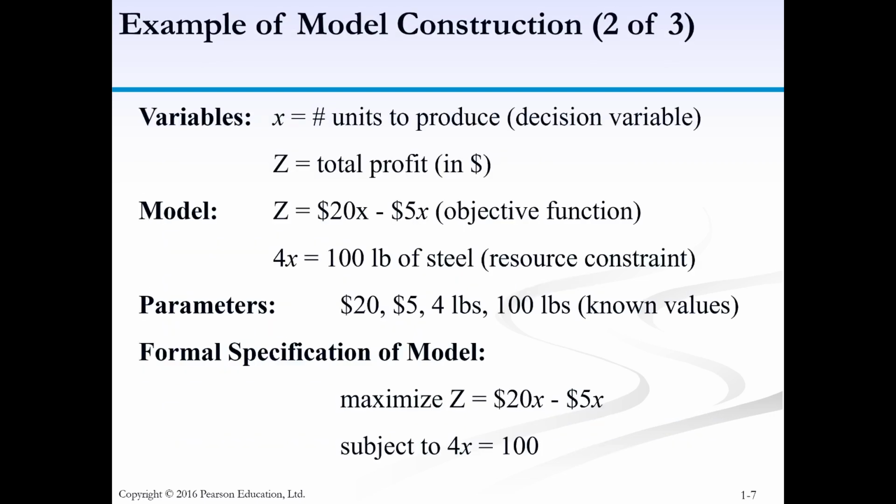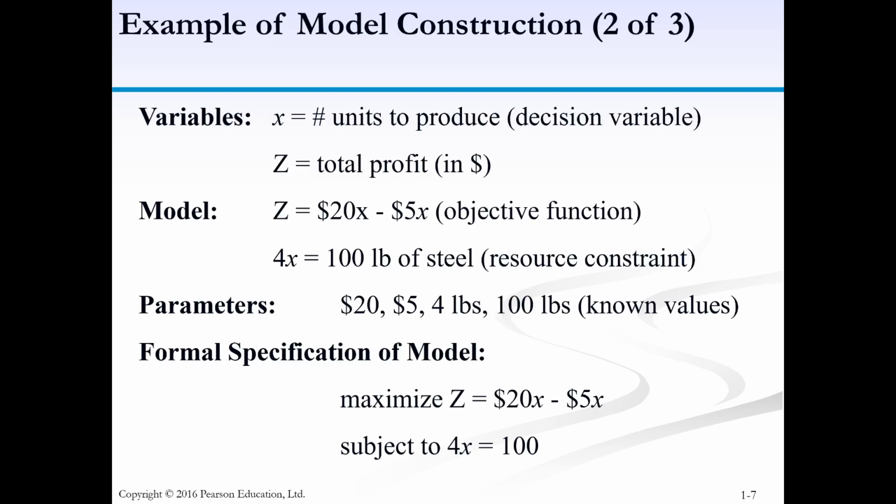Then the third step is the model construction, and here we define the variables. Let's say X is equal to the number of units to produce. This is a decision variable, and Z is the total profit we want to maximize.